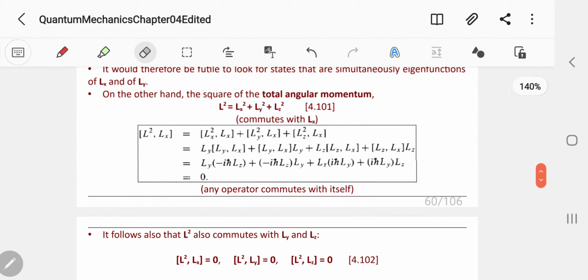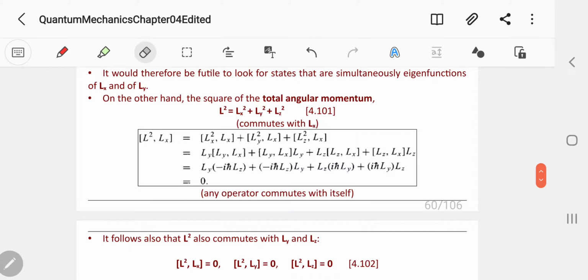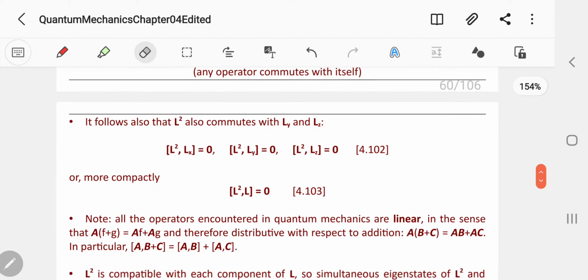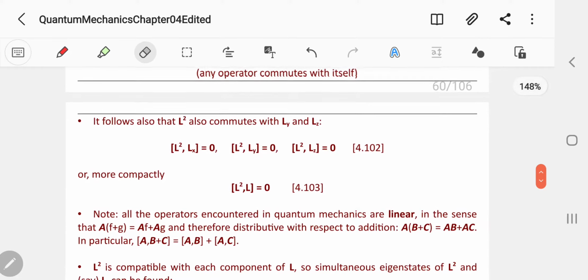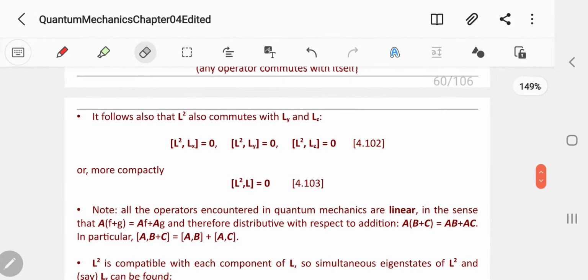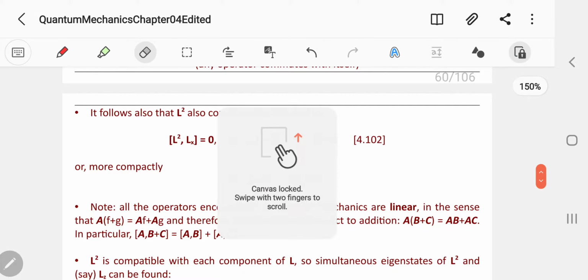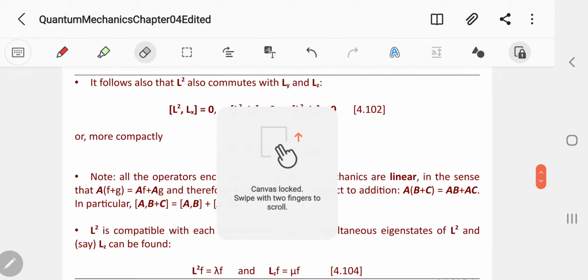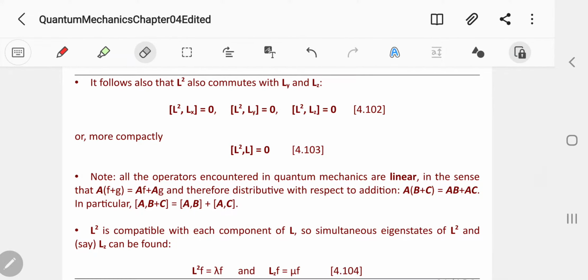So L squared commutes with Lx, and it therefore also commutes with Ly and Lz. Or more compactly, the magnitude of the angular momentum commutes with the angular momentum.